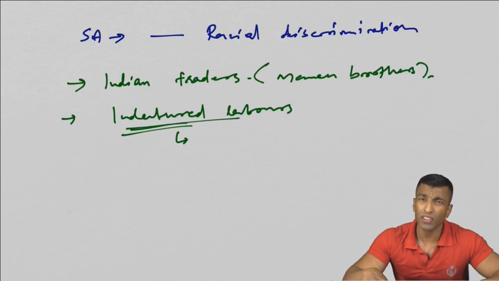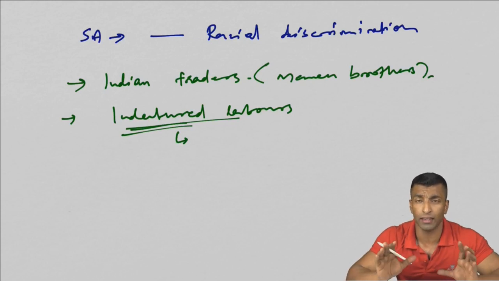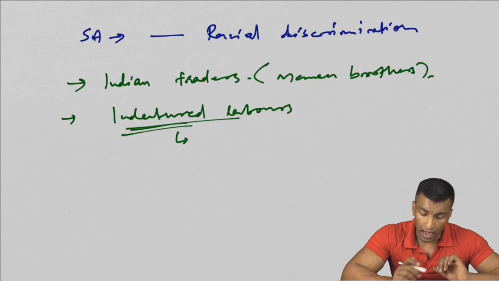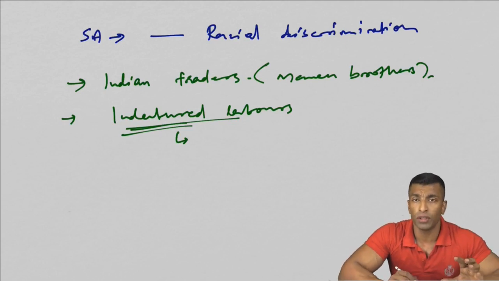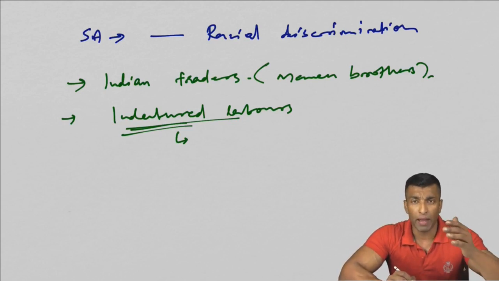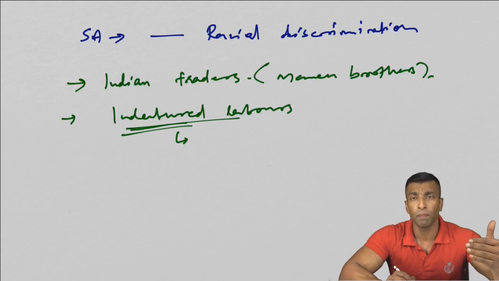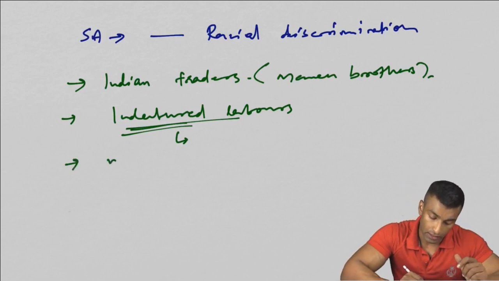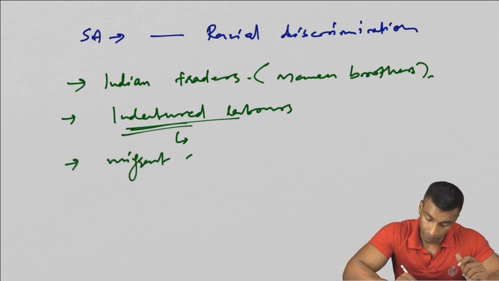Now their conditions were so pathetic, the salary was very low, all these common problems were there. After the contract period is over, they have two options. Either they can stay back and settle in South Africa, or they can come back to India. And those people who stay back in South Africa are called migrant settlers.